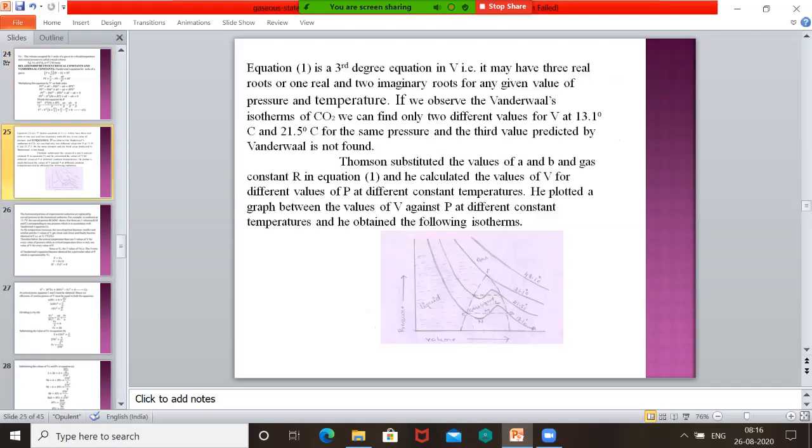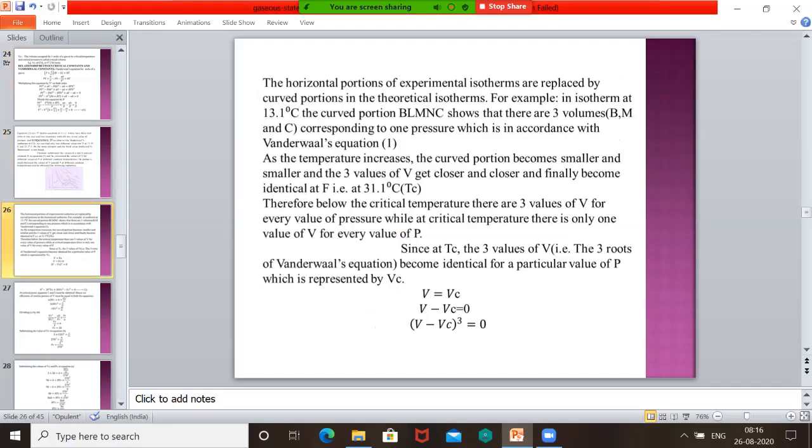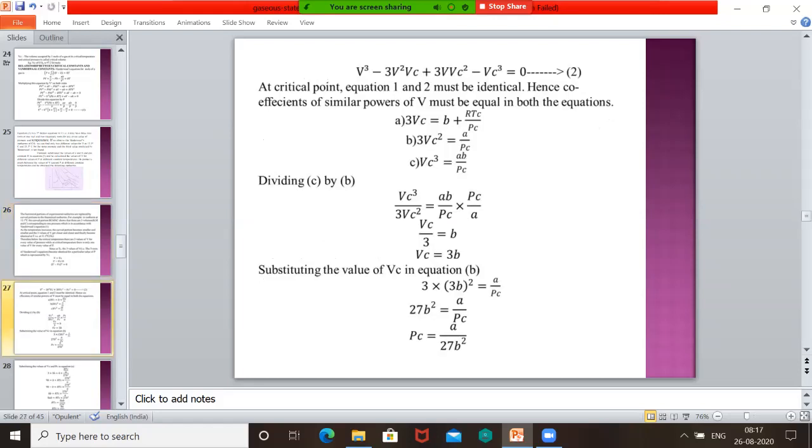Next, what we know, in critical phenomena, volume is equal to Vc. So V minus Vc is equal to 0, cubing both sides, because we get the equation where the power of V is 3. Hence we also make this. The a minus b whole cube formula we are applying here, we get equation 2. We compare equation 1 and 2, where the coefficient of V cubed is 1, hence Vc is equal to b plus, here you see the second one, b plus RTc by Pc.